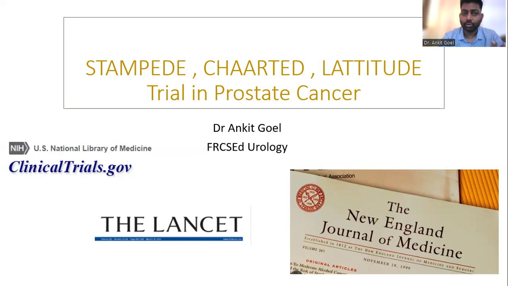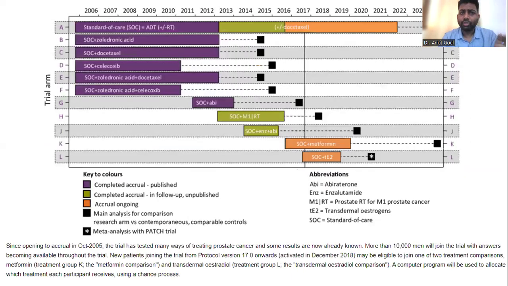When we talk about the Stampede trial, if we keep talking on Stampede, we can talk for an hour, and our whole purpose is to keep it very simple and very brief. To understand the Stampede trial, the first thing is it's a multi-stage and multi-arm trial. So, there are multiple arms in Stampede, and this is really very difficult to remember.